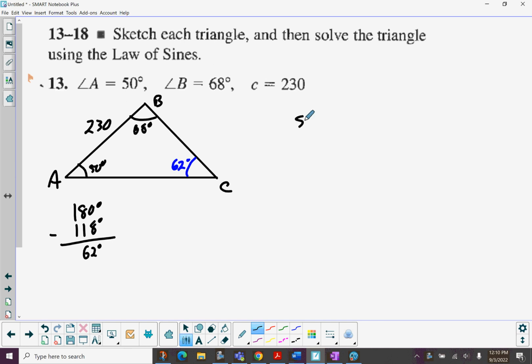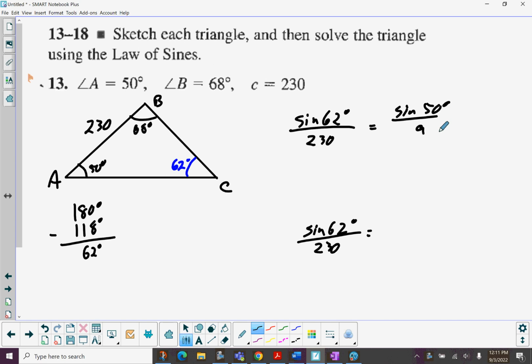So we will say that sine of 62 degrees divided by 230 is the same proportion to find the length of side A. We'll take sine of 50 divided by side A. To find the length of side B, we'll take the sine of 68 divided by B.